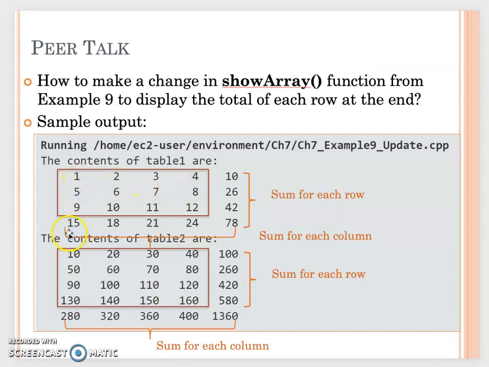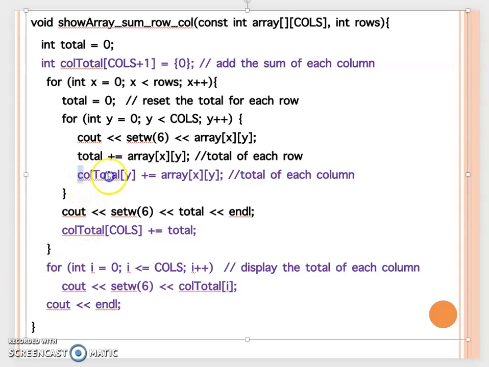But 1, I need to go to this one. 2, I need to go to this one. 3, I need to go to this one. So each time I do the inner loop, different column totals need to be accumulated. So this one we will add here. Each column total I need to add comes from the X and the Y here, according to the same Y and the same column total. So that's why I get the column total here.